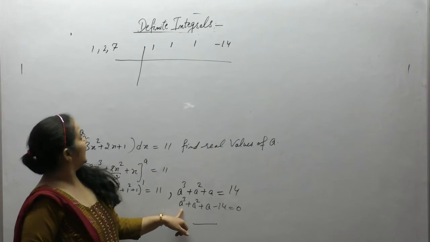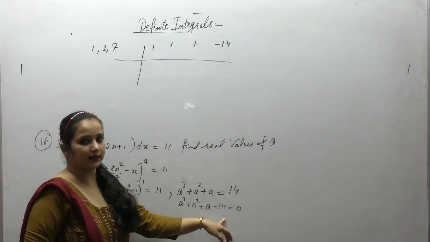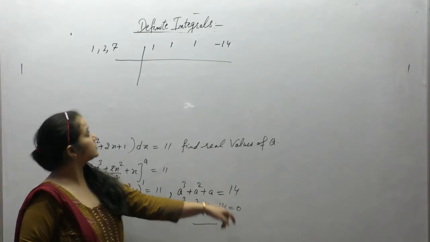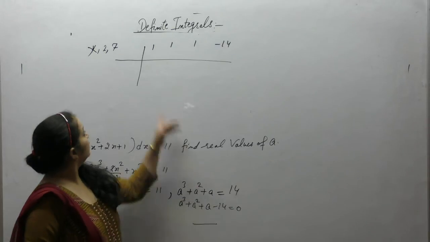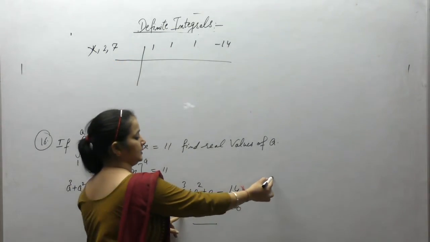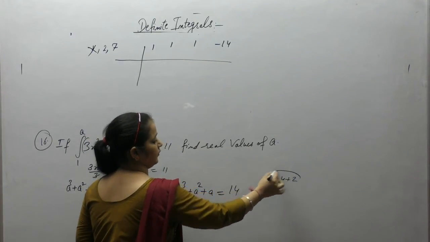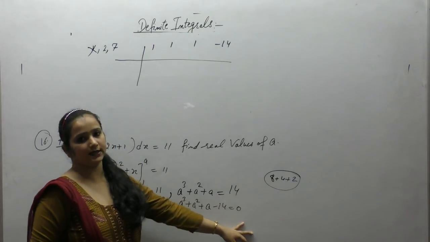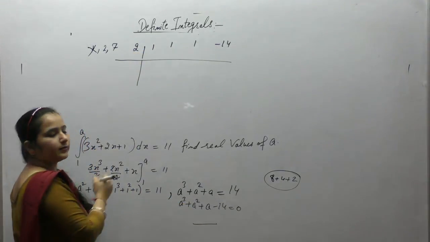First we put a as 1: 1 cube plus 1 plus 1, that is 3, minus 14 is not equal to 0, so 1 is not a factor of this polynomial. Now put the value 2: 2 cube is 8, 2 square is 4, plus 2 is 14, minus 14 is 0. So 2 is a factor of the given polynomial.